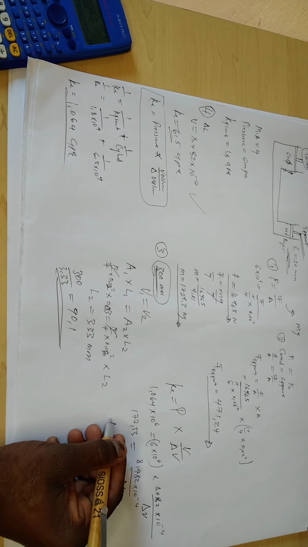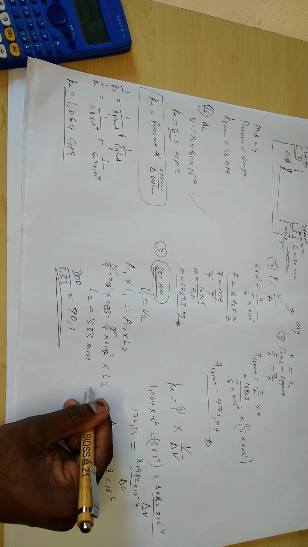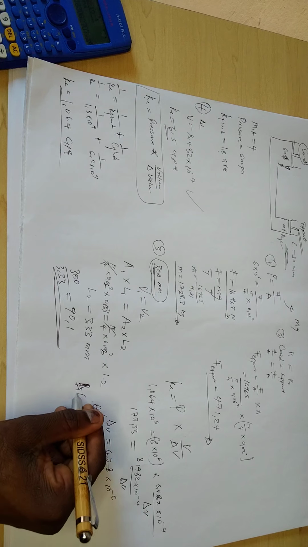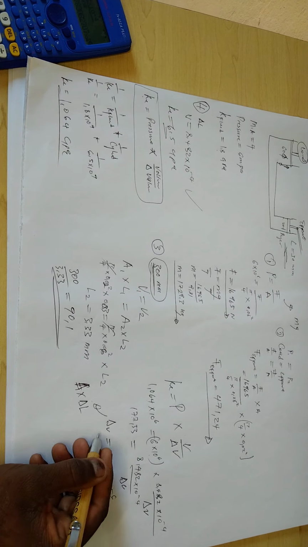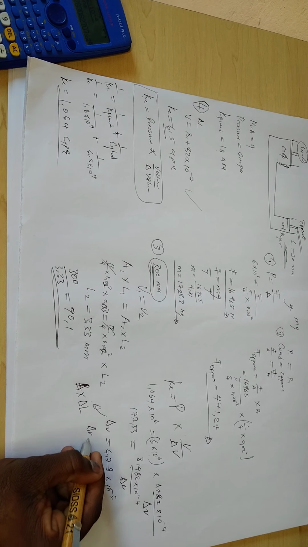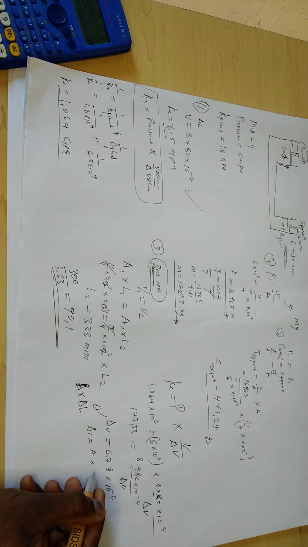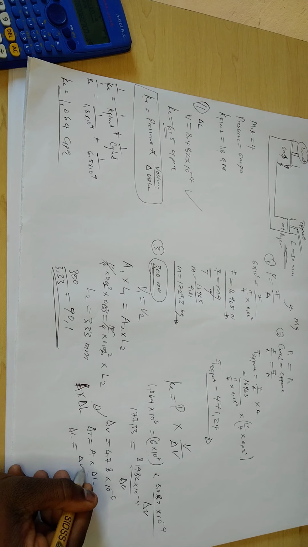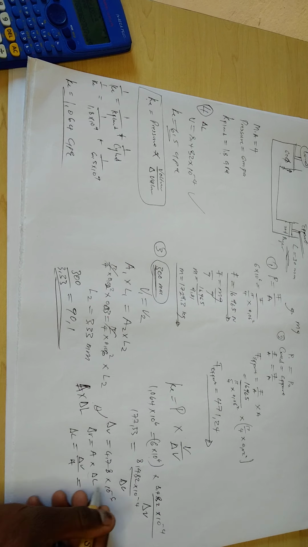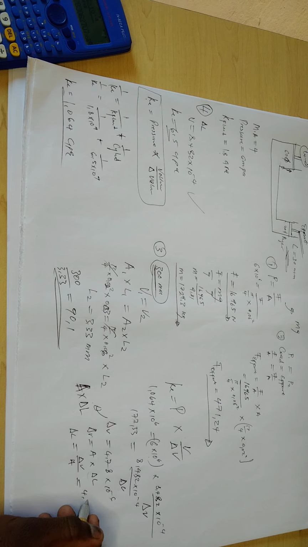I know that this is the same as area multiplied by changing L. It means it's free play. So I need free play, right? I say free play equals changing volume over area, whereby changing volume is 4.78 times 10 to the power minus 6.